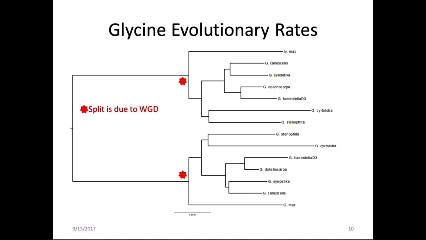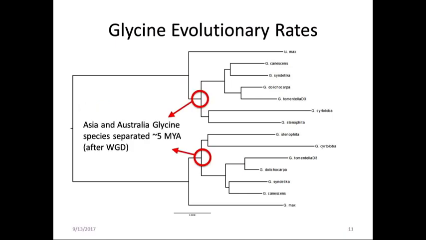These stars right here indicate the split due to the whole genome duplication. What we found is that the Asian variety, Glycine max, diverged from the Australian variety about 5 million years ago. That's an estimate, and of course this is after the whole genome duplication.